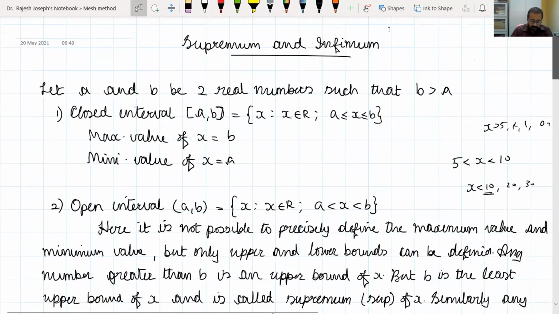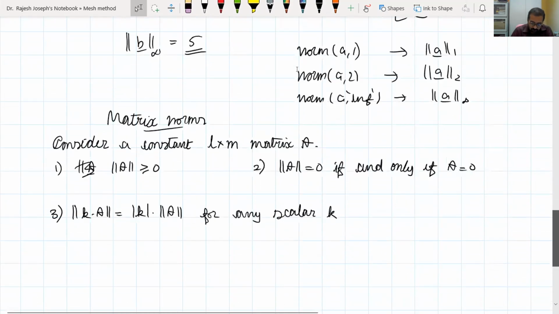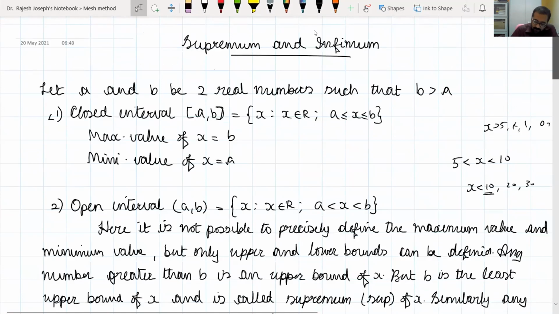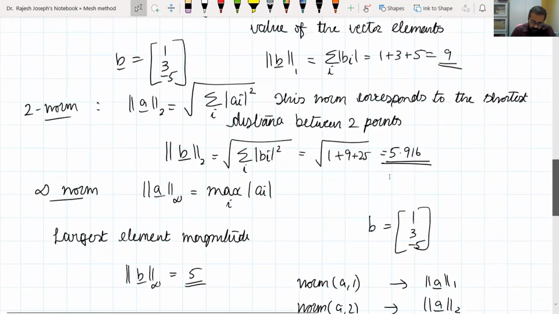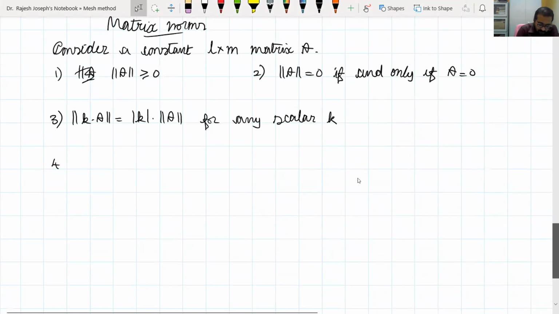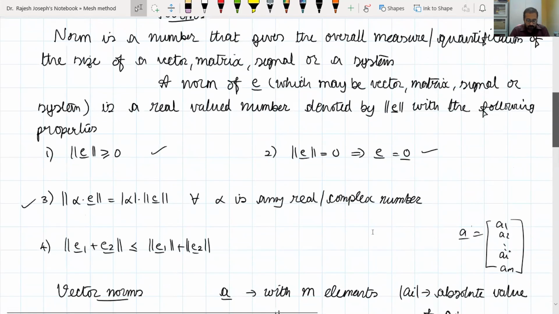Then again, the fourth property: norm of A plus B must be less than or equal to norm of A plus norm of B. Again, that is similar to the norm property.